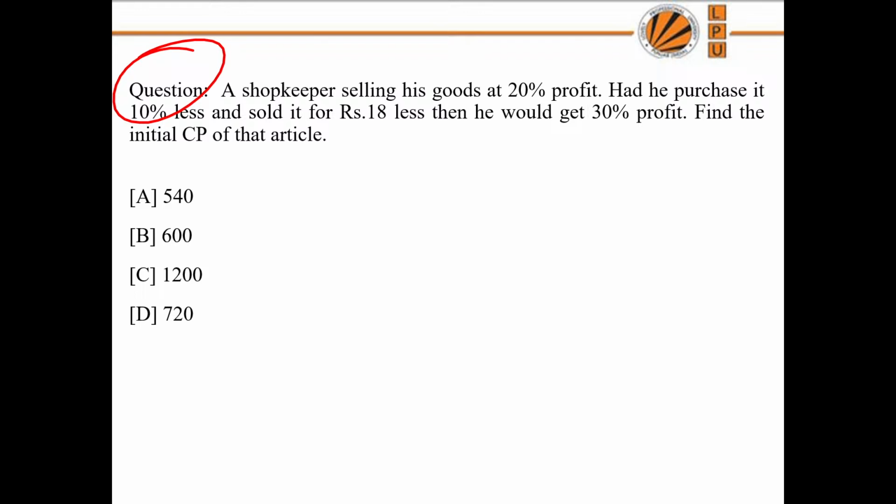Okay. There are a few questions where we can't use the unitary method, and we have to go with the basics of x only. So let's see how to deal with these kinds of questions. A shopkeeper sells his goods at 20% profit.